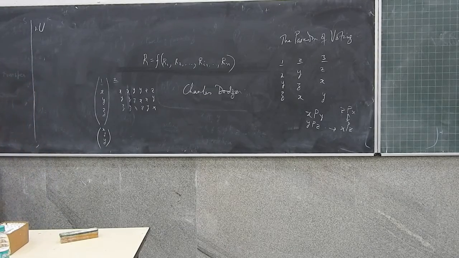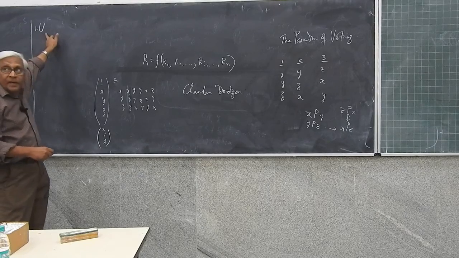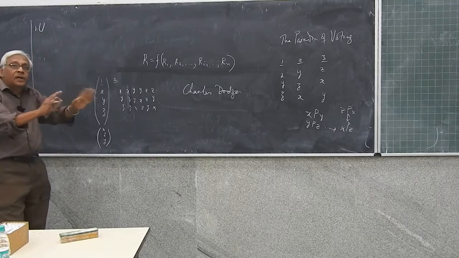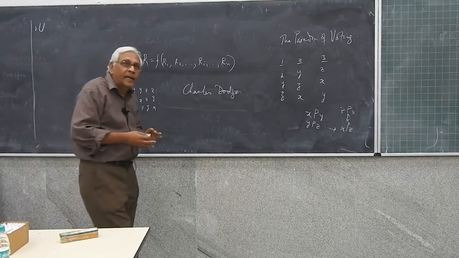So every logically permissible configuration of individual preferences, which if you confine yourself to strict preferences in the case of 2 individuals and 3 alternatives, would add up to 36 different possible configurations, every one of them must be allowed. That's why this condition is called universal domain or unrestricted domain. You must not seek to restrict the domain in any fashion.